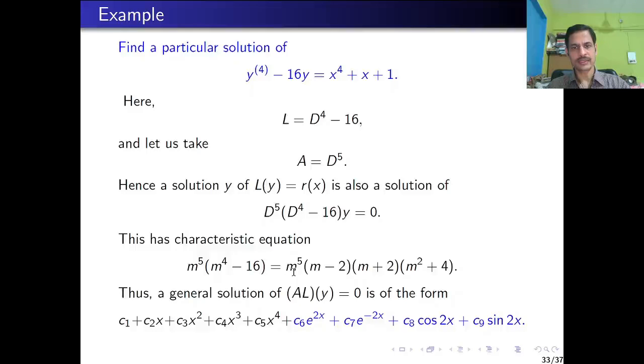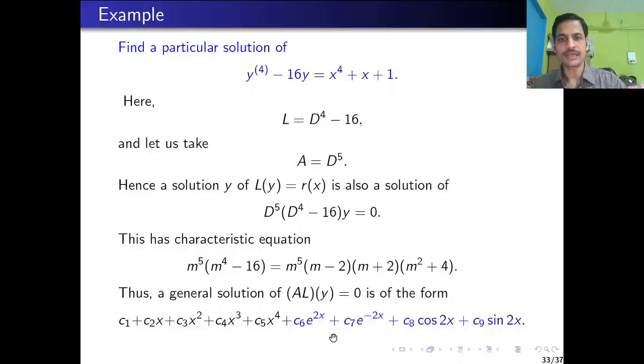So that gives us that e raised to 0x should be multiplied with a polynomial of degree 4. Then the m minus 2 term suggests that we should have a term C6 e raised to 2x, m plus 2 suggests we should have C7 e raised to minus 2x, and this last term suggests that we should have C8 cos 2x plus C9 sin 2x. So this is the general solution of ALy equal to 0.